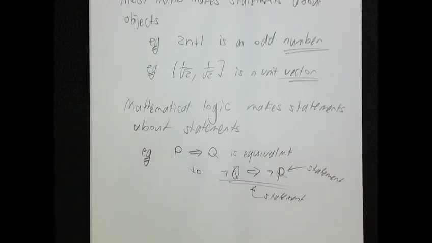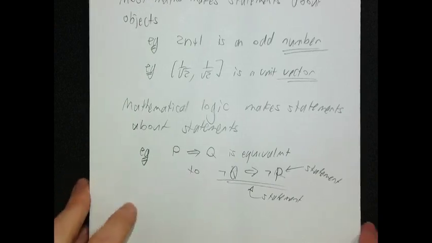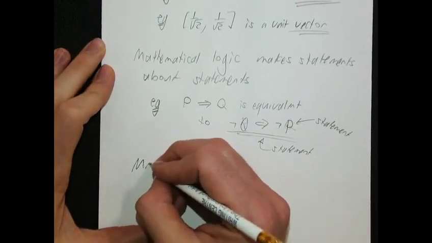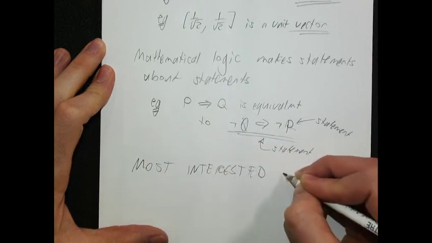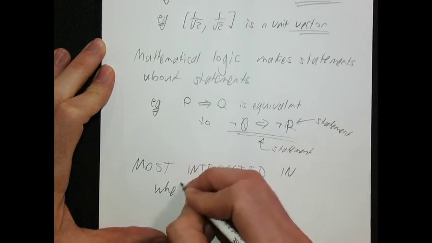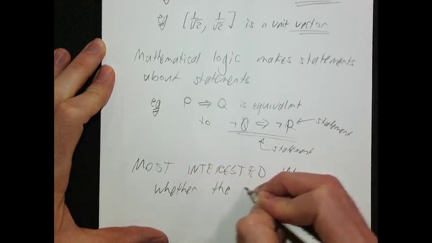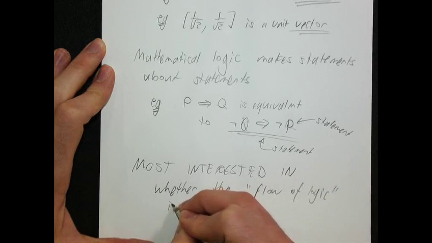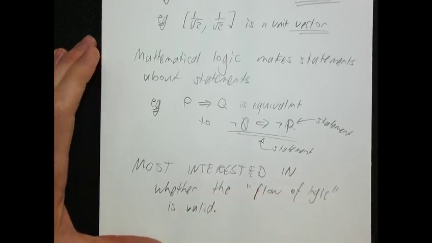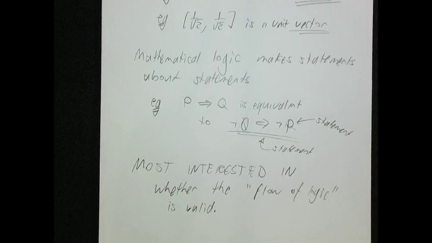So we're no longer really interested in the true or falseness of things, though sometimes we are. Mostly we're interested in whether the flow of logic from one thing to the next is valid. So we don't have to actually start with something that's true necessarily.